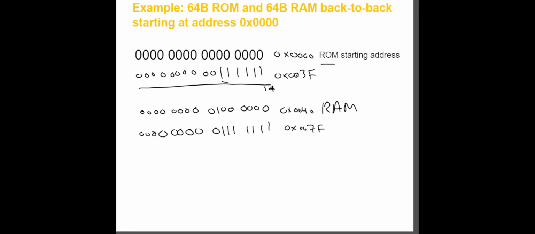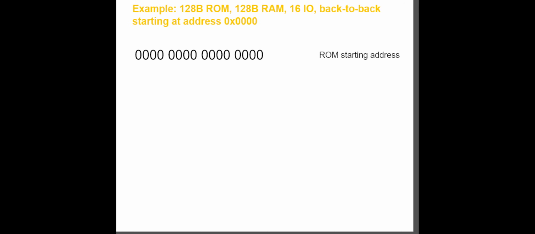Let's take a look at another example here. We have 128 bytes of ROM, followed by 128 bytes of RAM, followed by 16 locations for input and output, back to back, starting at address 0000. So I'll do the same logic here. We're starting with the ROM, and it occupies 128 bytes. So I ask myself, 128, that's 2 to the power of 7.